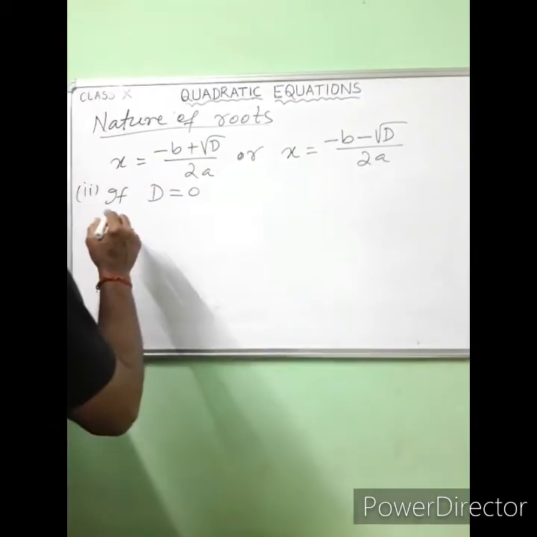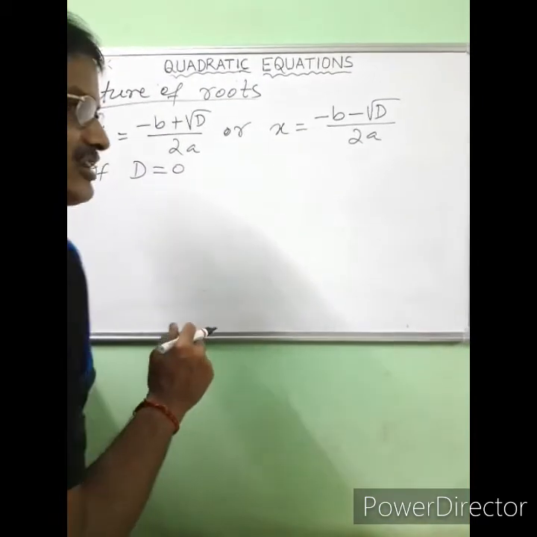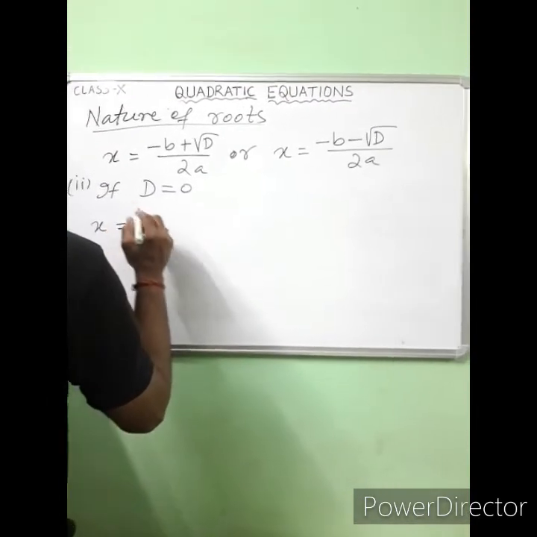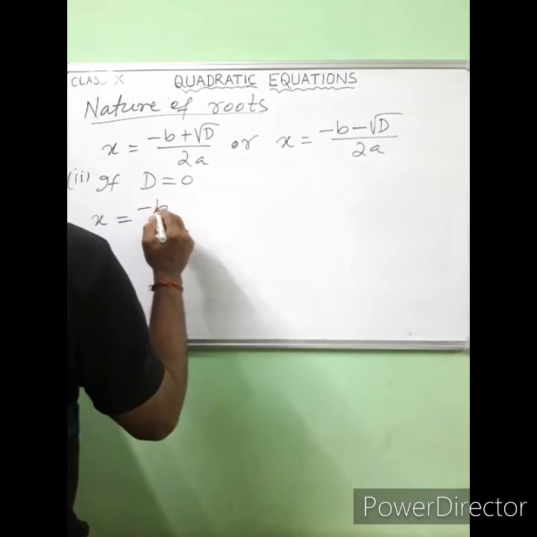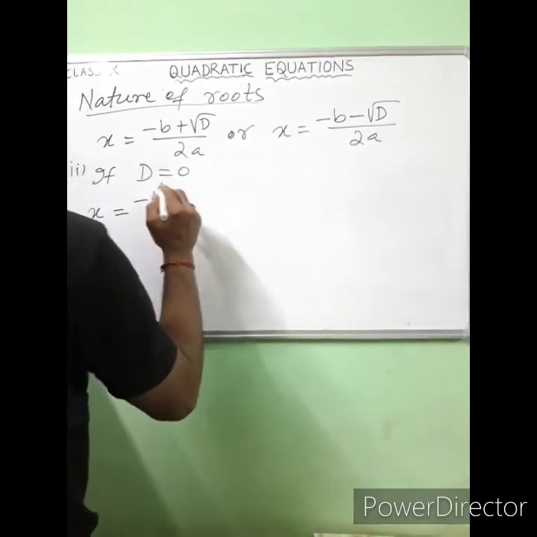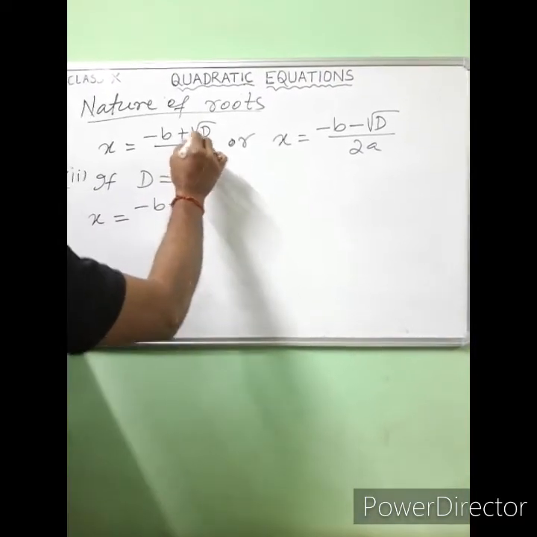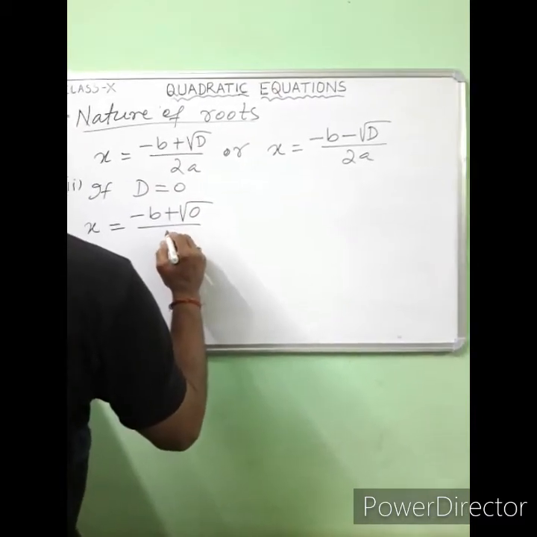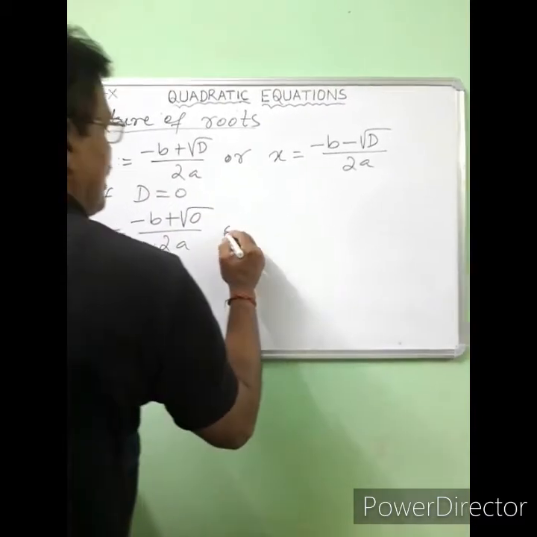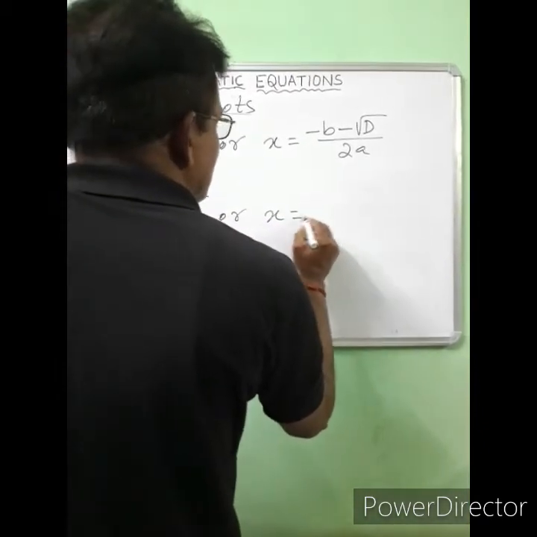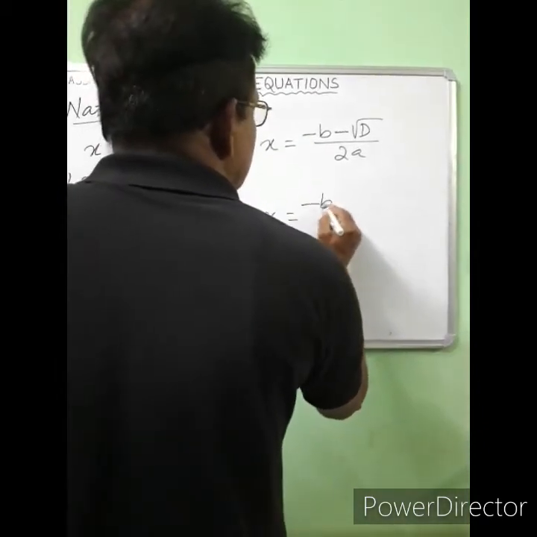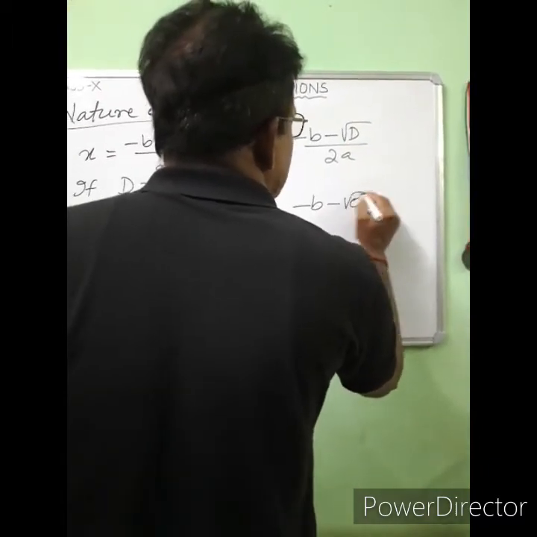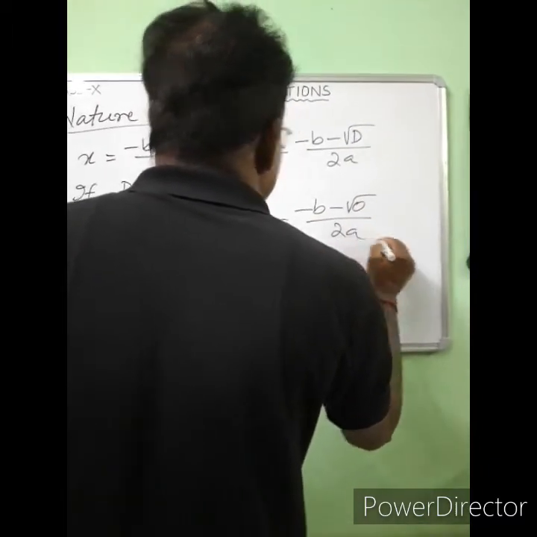Then the two roots are x is equal to minus b plus root over of 0 by 2a, or x is equal to minus b minus root over of 0 by 2a.